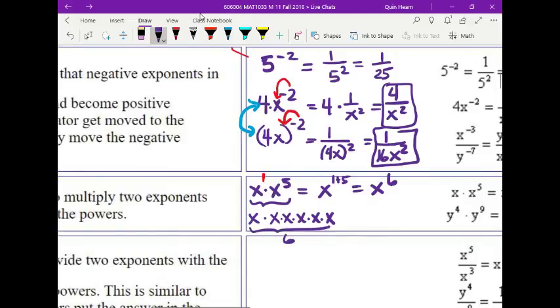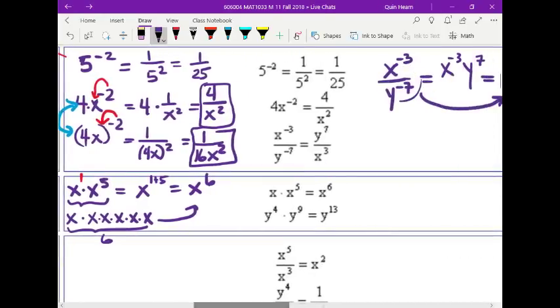We have 6 of them. So you can see why we get x to the 6th. Okay, but we don't want to have to write that all out. So we memorize the rule that when you multiply like bases, you add the exponents. Same thing here, y to the 4th times y to the 9th. They've added 4 and 9 and got y to the 13th.